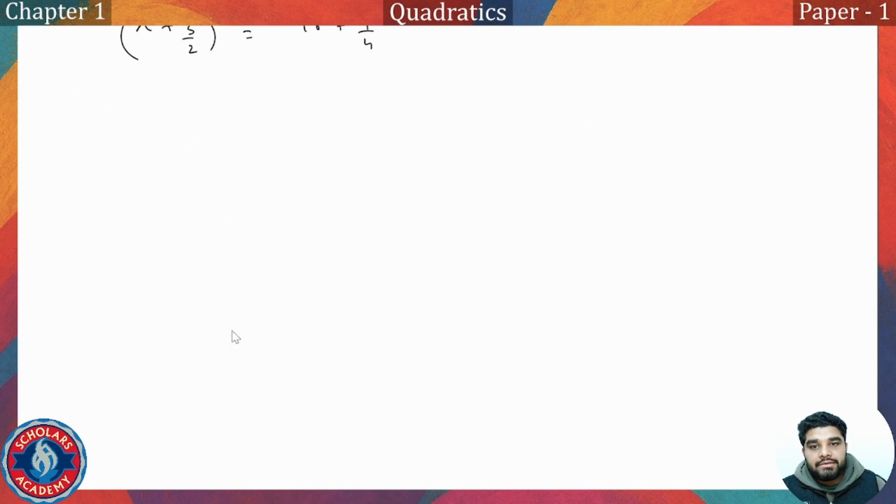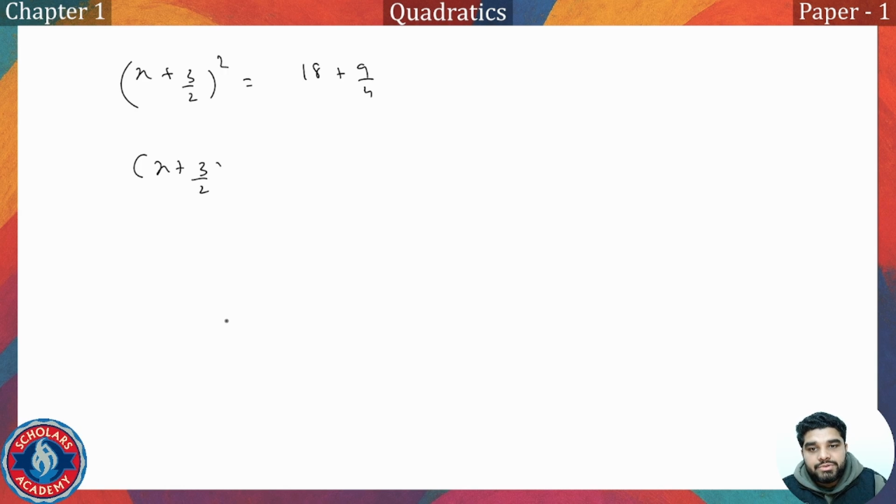We get (x + 3/2)² is equal to, we'll take the LCM over here, we'll multiply 18 by 4, so we get 72 + 9/4. (x + 3/2)² is equal to 81/4.